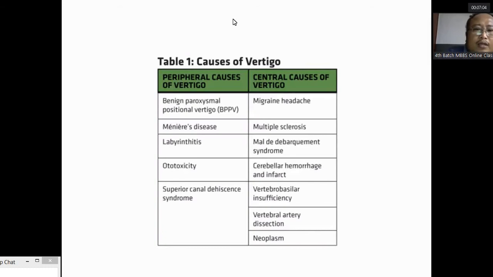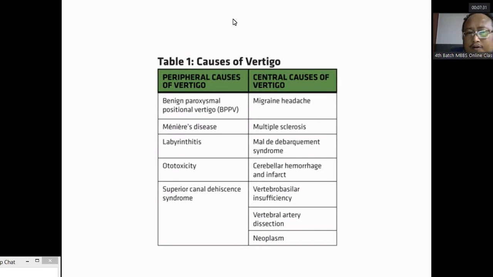This is a table for you to have knowledge regarding what are the peripheral and what are the central causes of vertigo. In the peripheral, benign paroxysmal positional vertigo, Meniere's disease, labyrinthitis, ototoxicity, and superior canal dehiscence syndrome are included.